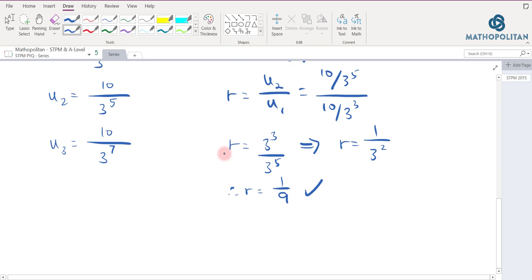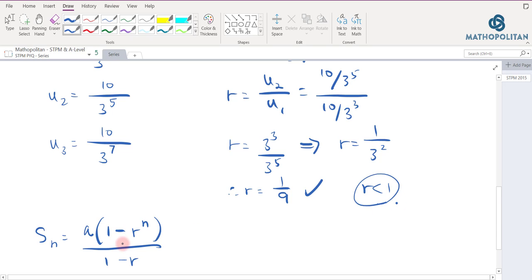The sum of the first n terms is based on the formula where we take the first term a, multiply by 1 minus r to the power of n, divided by 1 minus r. Since here r is less than 1, we use this formula.